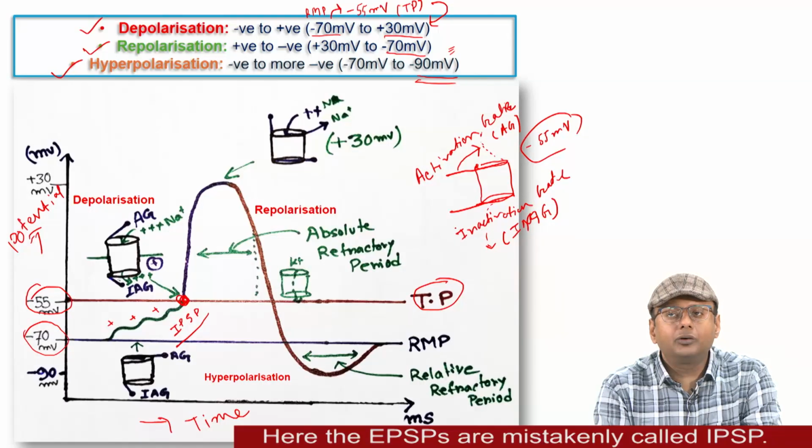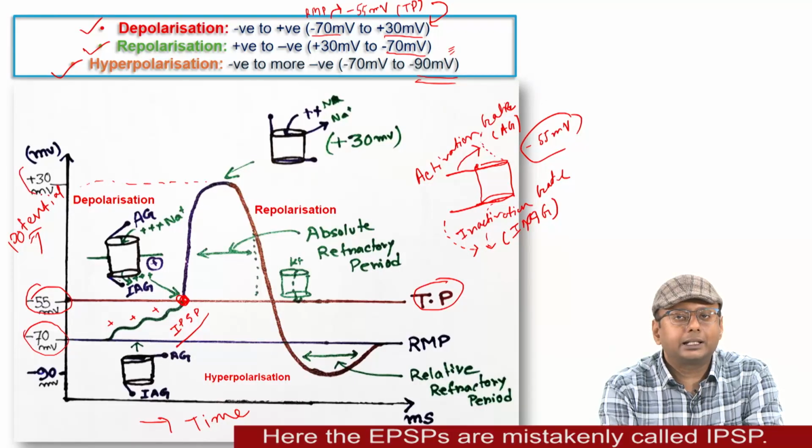When both the gates open up, it causes a lot of sodium ions to come inside the cell, moving from outside towards the membrane, and because the inactivation gates are also open, it facilitates the ion movement into the cytoplasm. Due to this, the sodium ions come inside the cell, causing the cell membrane potential to rapidly rise to almost plus 30 millivolt.